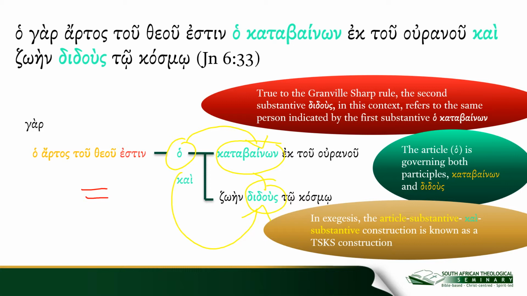We of course have a prepositional phrase ek tou ouranou that is modifying katabainon. It tells us that he is coming down from heaven.